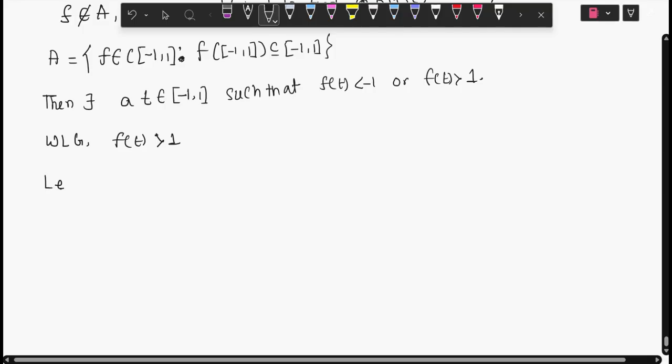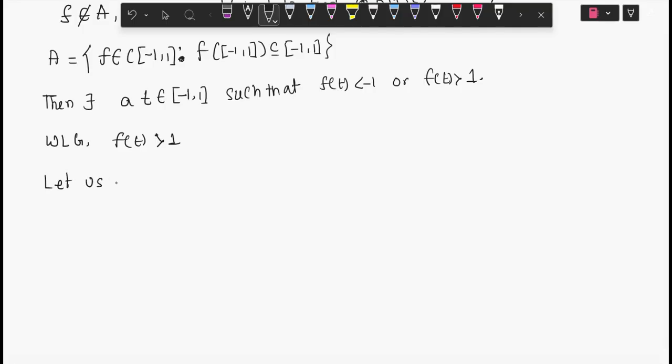So let us choose an epsilon greater than 0 such that f(t) minus epsilon is greater than 1. We can always find an epsilon such that f(t) minus epsilon is greater than 1.